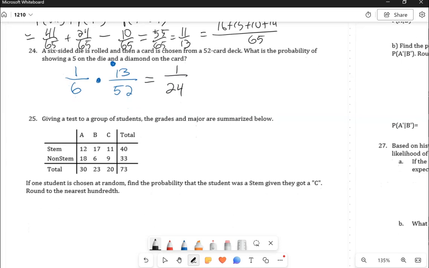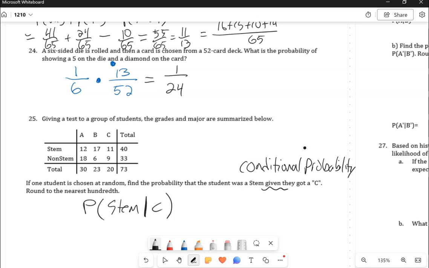Number 25 is a conditional probability. If one student is chosen at random, find the probability that the student was a STEM given, so this word given, conditional probability. It might be written probability of STEM, vertical line, given they got a C. Now, the given part basically tells you what population that you're in.